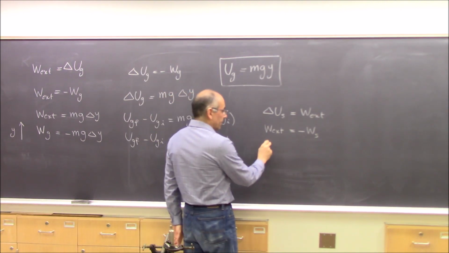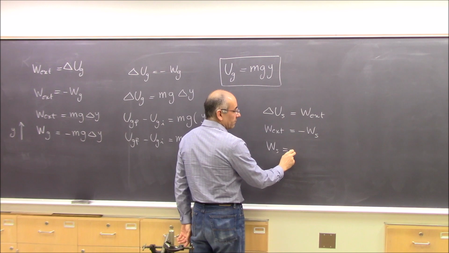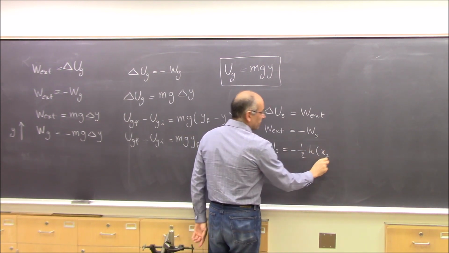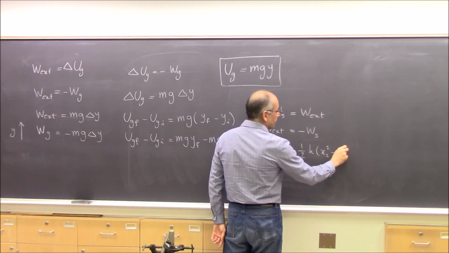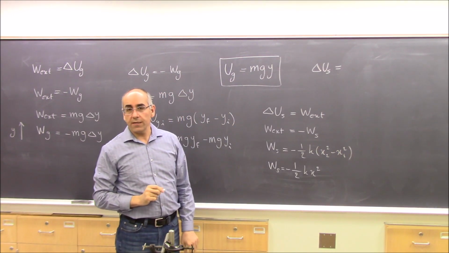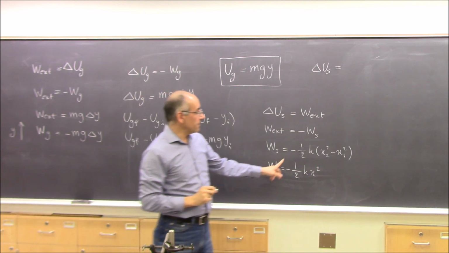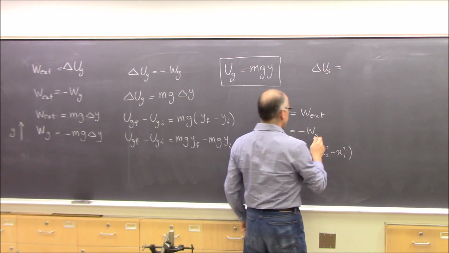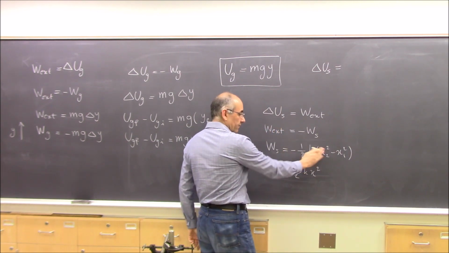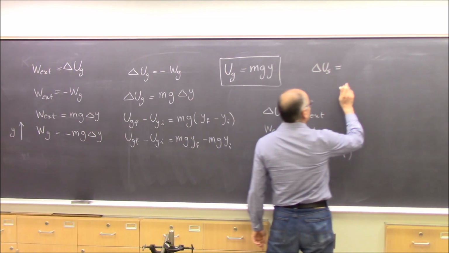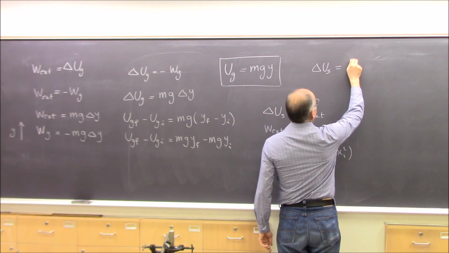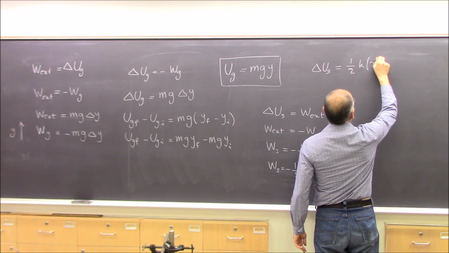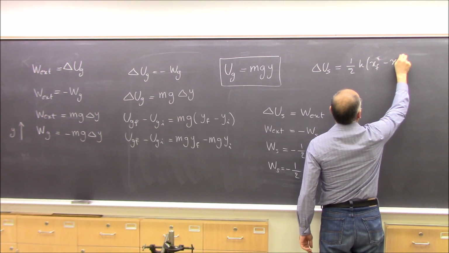The work of a spring, remember, was negative 1/2 k (x2 squared minus x1 squared). The change in potential energy of a spring is the negative of the work of a spring, but the work of a spring is negative of this, so it becomes positive 1/2 k (x final squared minus x initial squared).